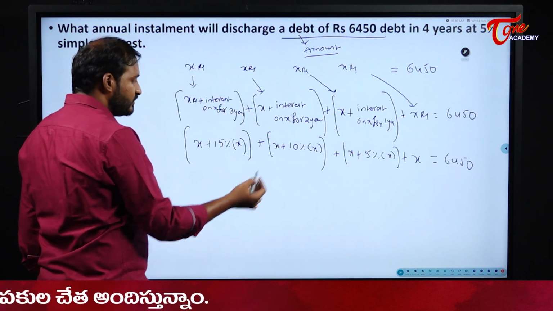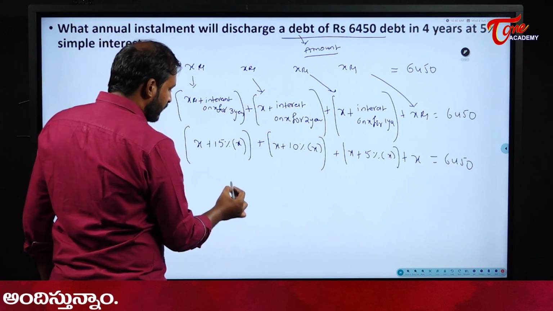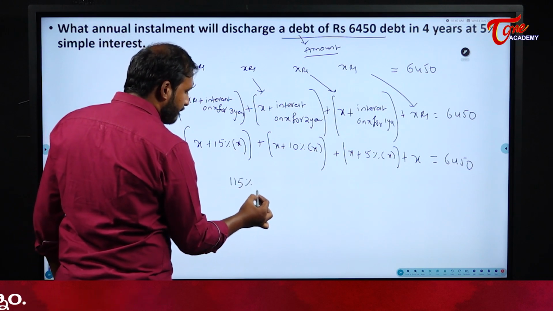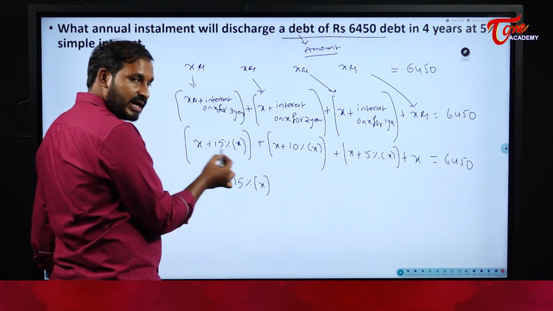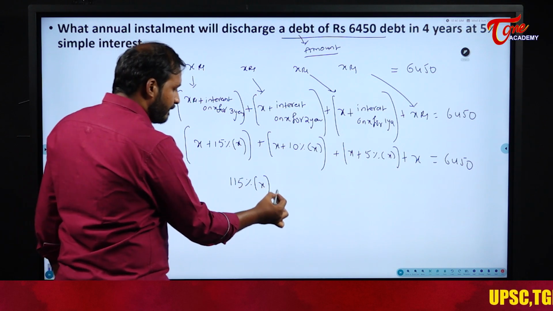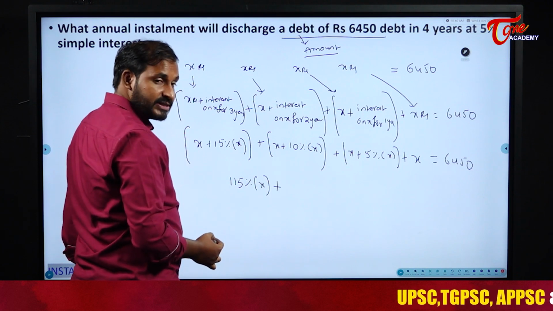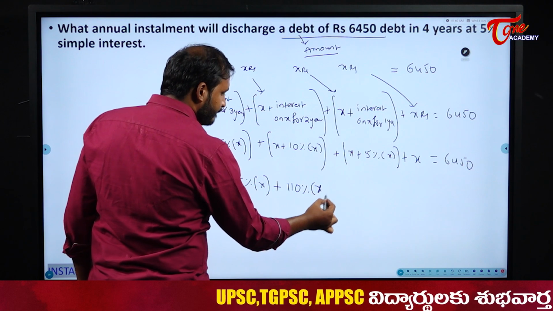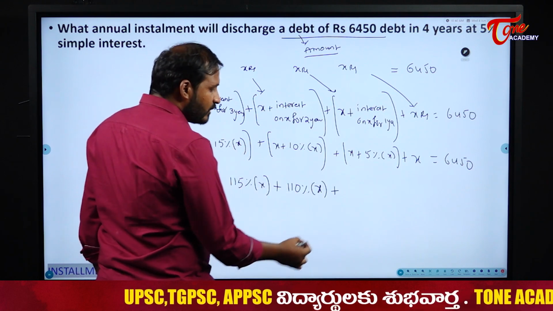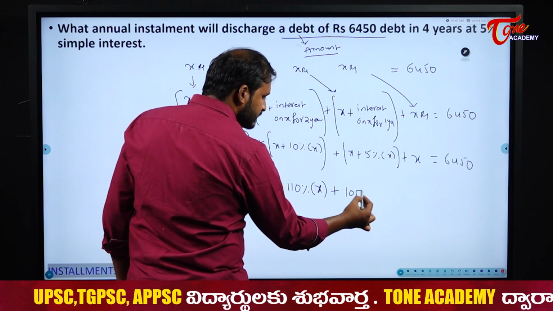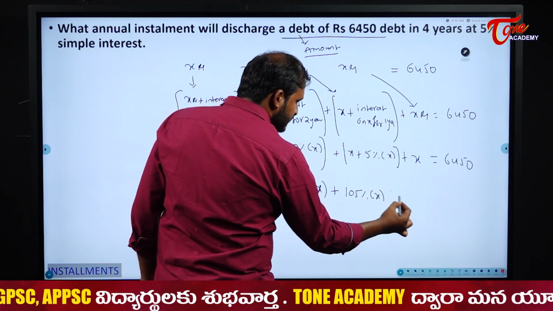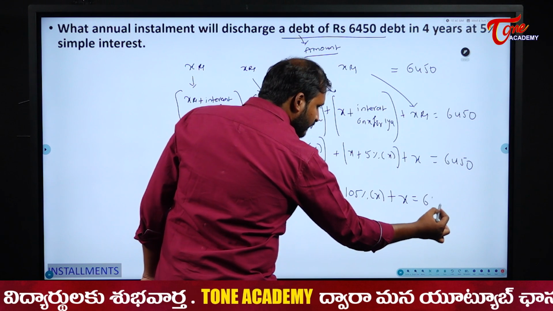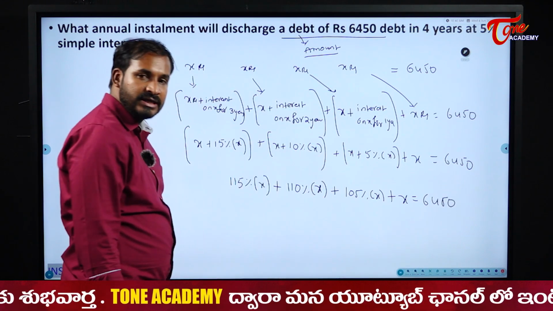So now what happens to these, students? This will become 115% of x. Why? Because x is 100% of x, both are same. Plus 100% plus 10%, it becomes 110% of x. Plus this will become 105% of x. Plus x, that is equal to 6450.